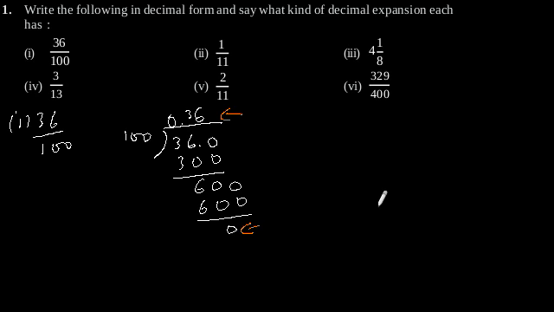So the decimal expansion of 36 by 100 is 0.36, and since the decimal expansion ends after a finite number of steps like this, we can say that the decimal expansion is terminating.